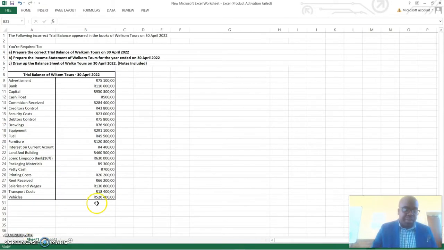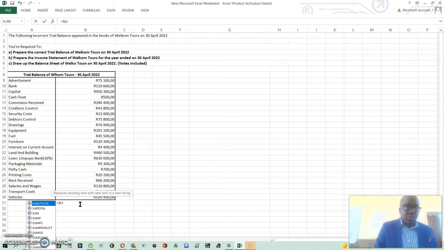And then for you to be able to do your trial balance easy, one has to start by adding all these amounts that are here. So you will have your calculator. I'm going to do it here using Excel, but you're going to be writing or using your calculator.